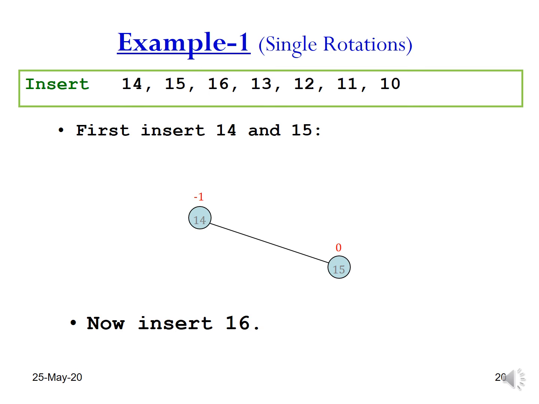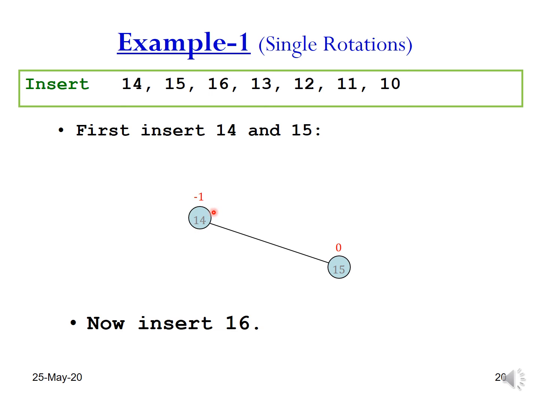First insert 14 and 15. Because 15 is greater than 14, it will come on the right hand side. After inserting 14 and 15, we will see the balance factor. The balance factor of this 14 will be 0 - 1, because the height of the right subtree is 1 and the height of the left subtree is 0.